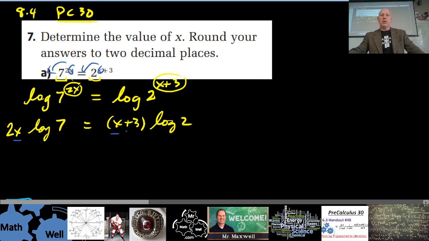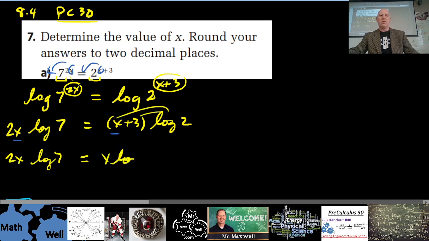And now what we want to do is figure out how to get the x's together and isolate for x. So we'll bring the terms together. So 2x log 7, I'll leave that one alone. If I distribute this, this is going to be x log 2 plus 3 log 2. Right?